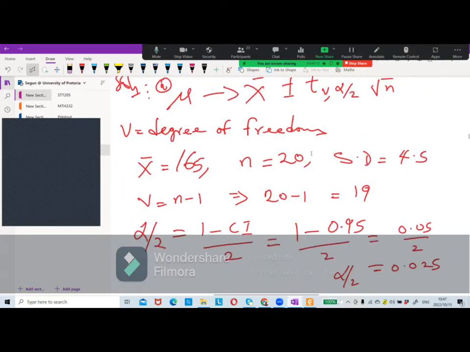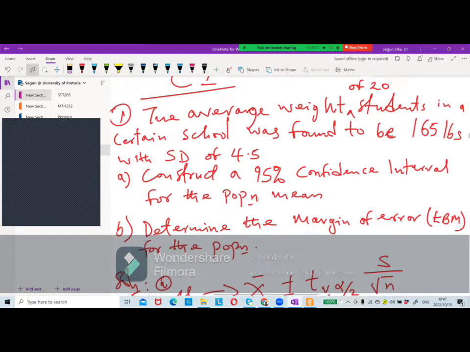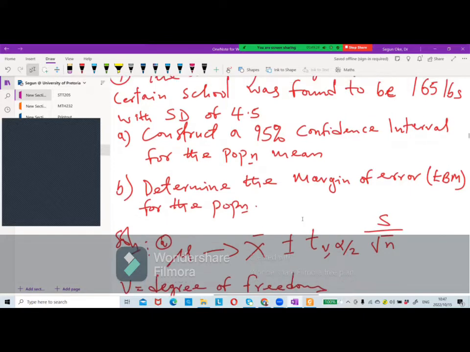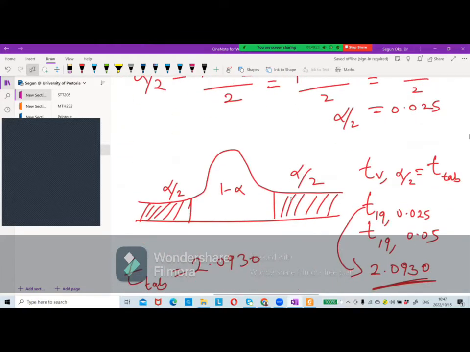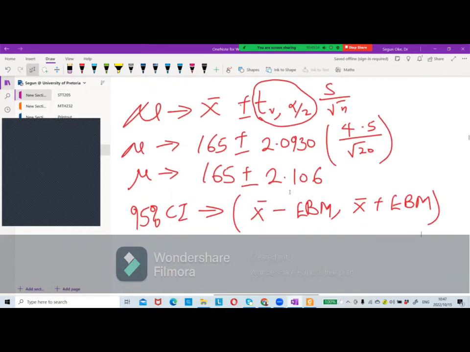Remember, the first question says construct the confidence interval for the mean. We have already determined the margin, and we determine it through the standard deviation.